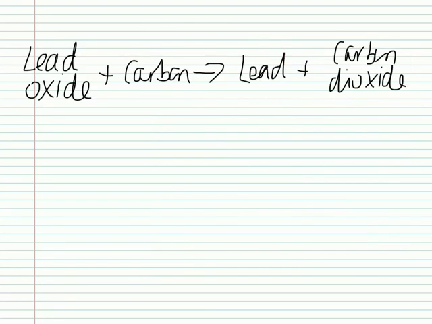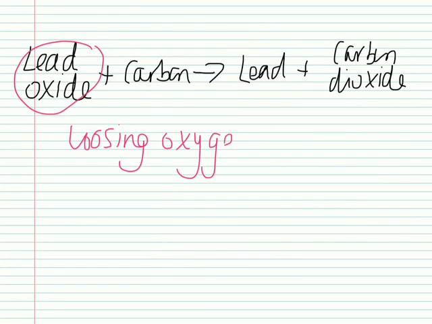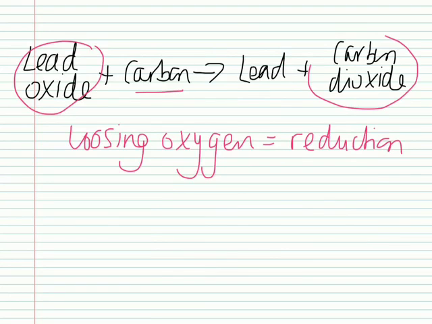The metal oxide, in this case the lead oxide, is losing oxygen. It's losing the oxide group. We call this reduction. Losing oxygen equals reduction. The carbon is gaining oxygen to become carbon dioxide, and we call this oxidation.